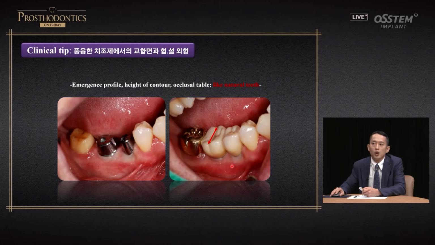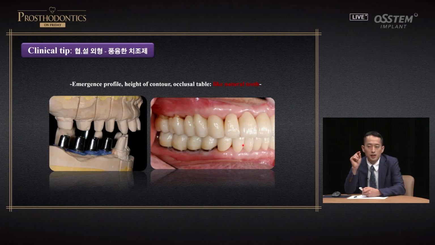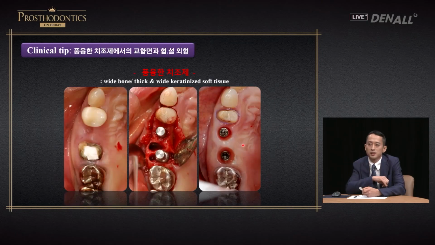This case falls under this category. If you make a prosthesis similar to that of natural tooth, patient satisfaction will go up and oral hygiene will be easy to maintain. Gingival embrasure, it's normal for it to be larger than natural tooth.